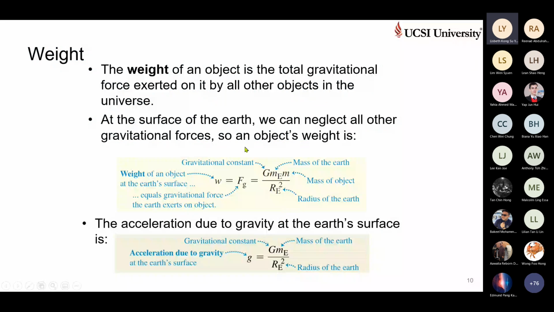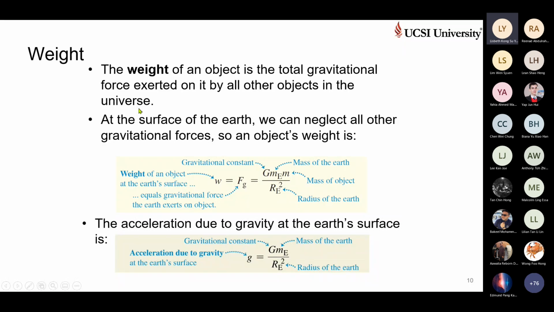Remember the fraction. Last point, weight. I already told you the G has to be understood by you to calculate the weight of the object. So far I'm talking about mass, right? You need to learn one more word, which is g. How do we get this g value? The weight of an object is the total gravitational force exerted on it by all other objects in the universe.